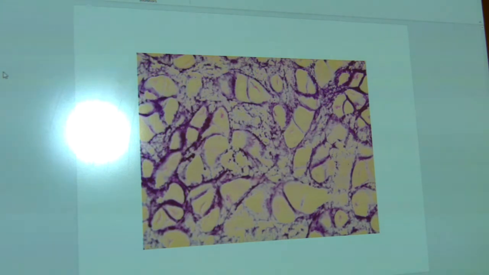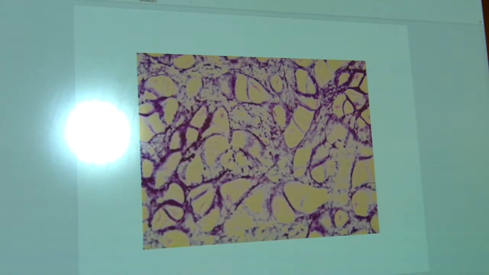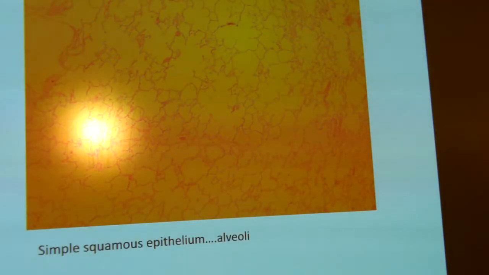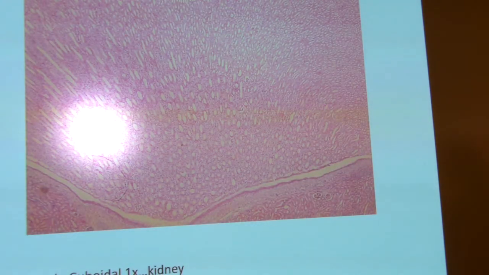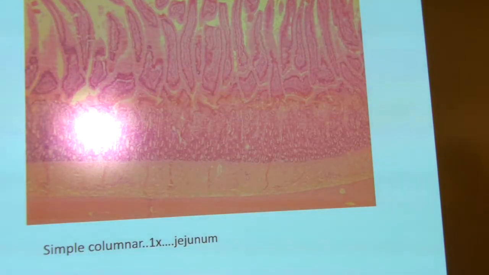Okay? So you can go back from the very beginning, look at the main pictures. Simple squamous epithelium found in alveoli of the lungs. Okay? Simple cuboidal found in kidneys.